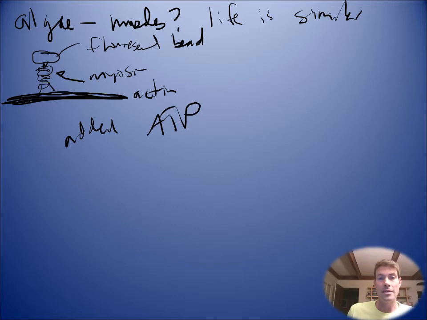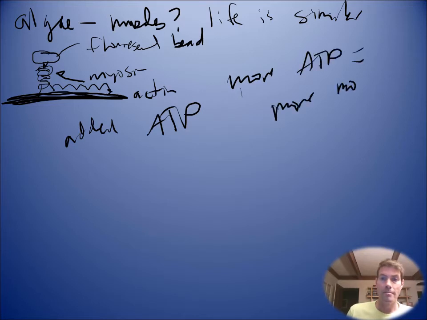And what we know about ATP is that it powers all living things. Once they added ATP to this system, the myosin would walk along the actin. And the more ATP equals more movement.